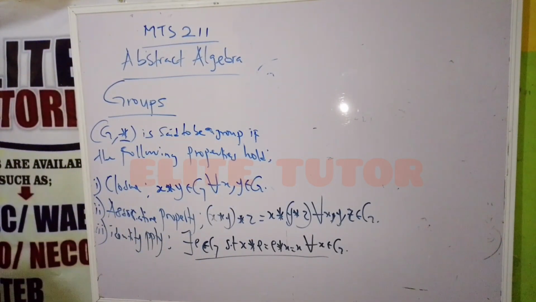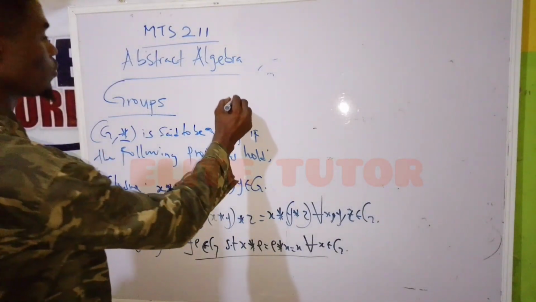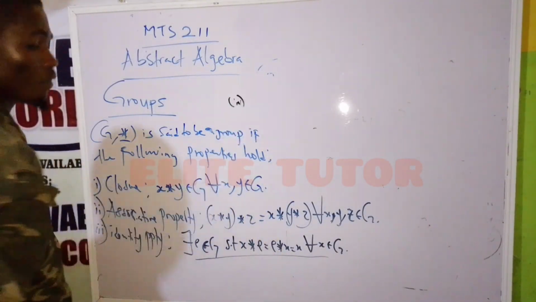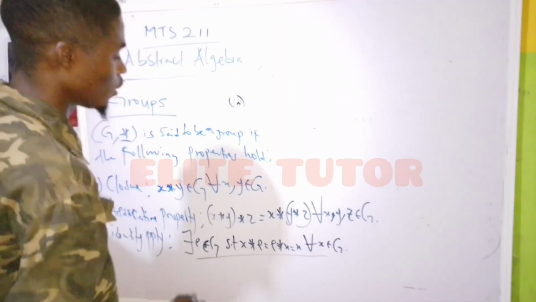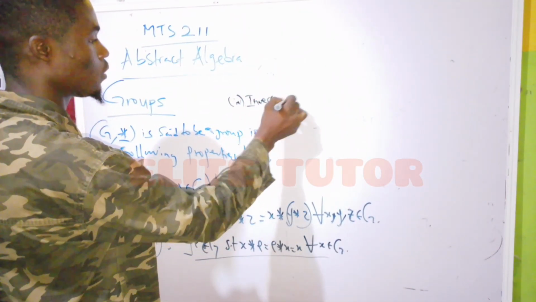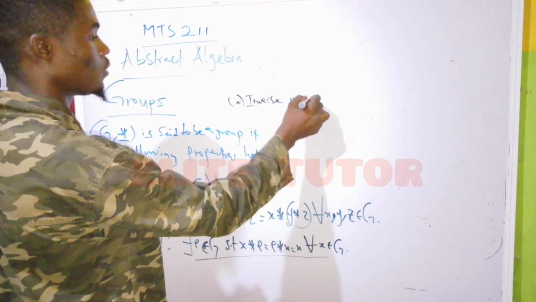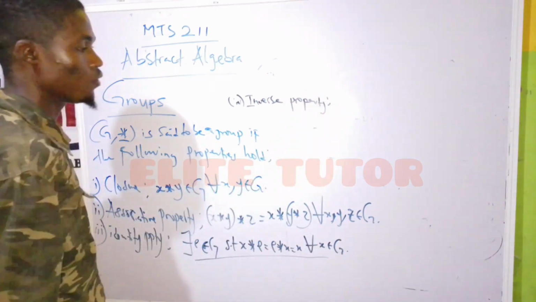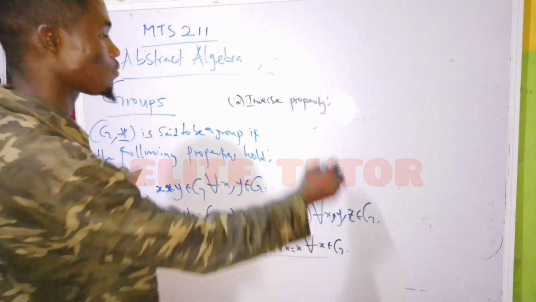So the last condition is the inverse property. How do you define that?